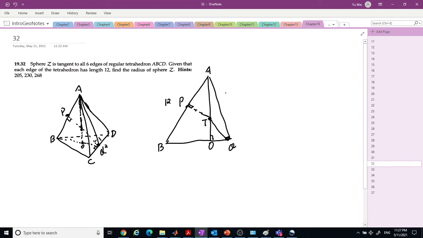So this one is root 3 over 3 of 12, which is equal to 6 root 3. That's this side, and this side is the same. And this one over this one is 2 to 1, so 6 root 3 over 3 is 2 root 3, and the other is 4 root 3.